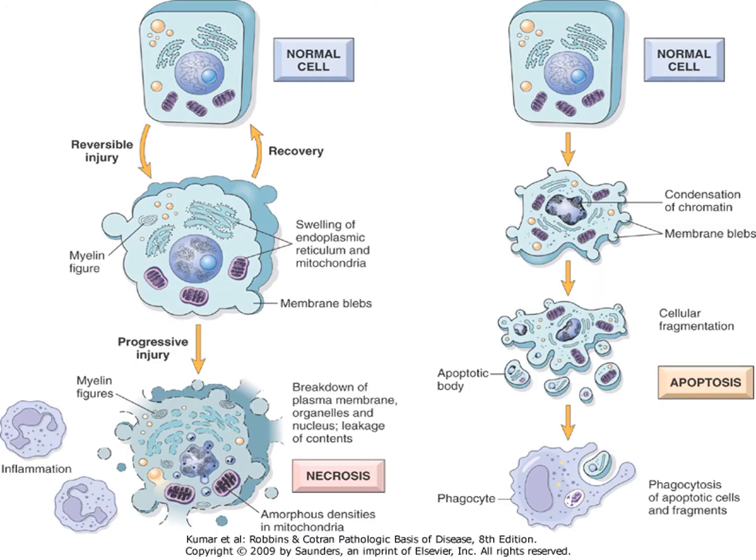I have showed you this slide before in the context of explanation of necrosis, and the other pathway of cell death is apoptosis. Note the differences between apoptosis and necrosis. Here the cells shrink, they get smaller in size rather than swollen and enlarged.